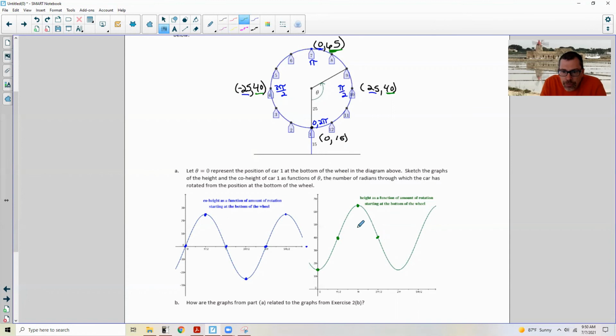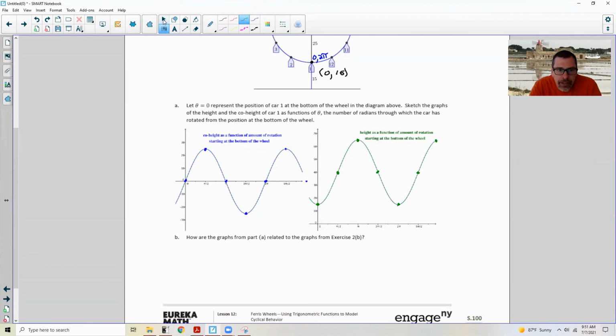And then continuing back around, we're now back down at the bottom, 2 pi. Continuing back on our second rotation, 5 pi over 2 would put us at 40, and 6 pi over 2 or 3 pi would put us back at the top at 65 feet. Okay, so those are the two graphs.